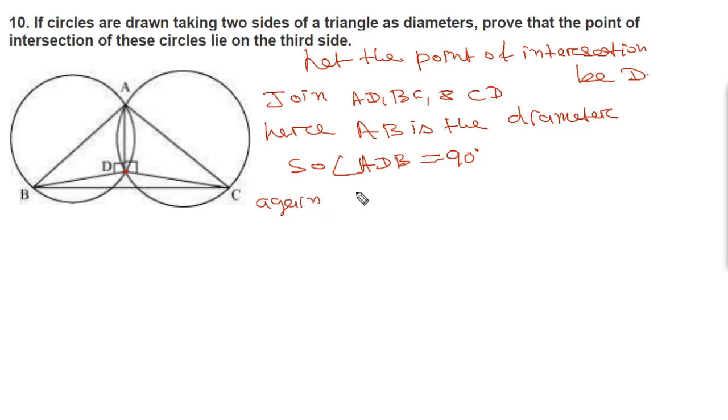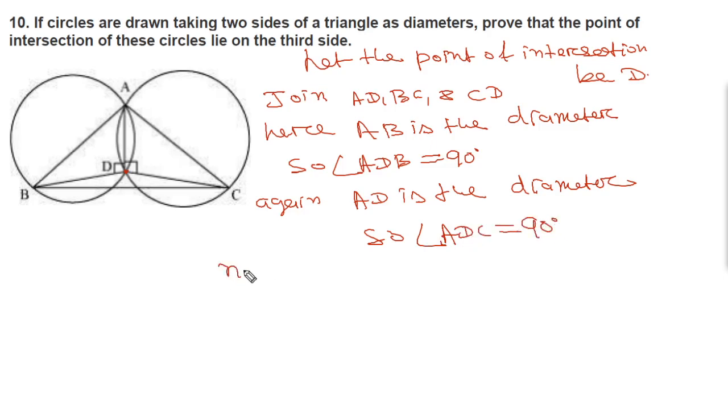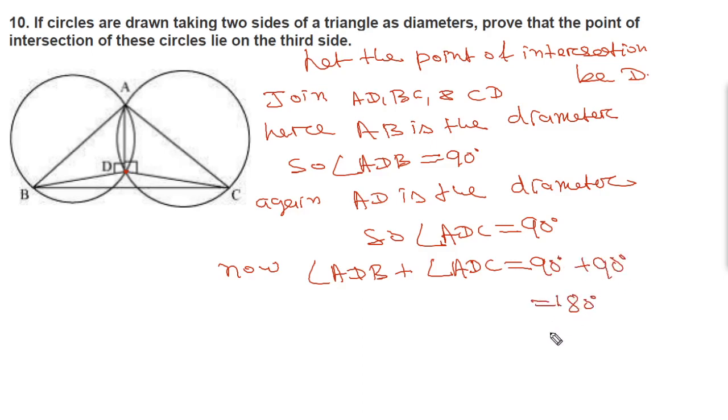Again, AC is the diameter. So angle ADC equal to 90 degrees. Now angle ADB plus angle ADC equal to 90 degrees plus 90 degrees, which is equal to 180 degrees, isn't it?